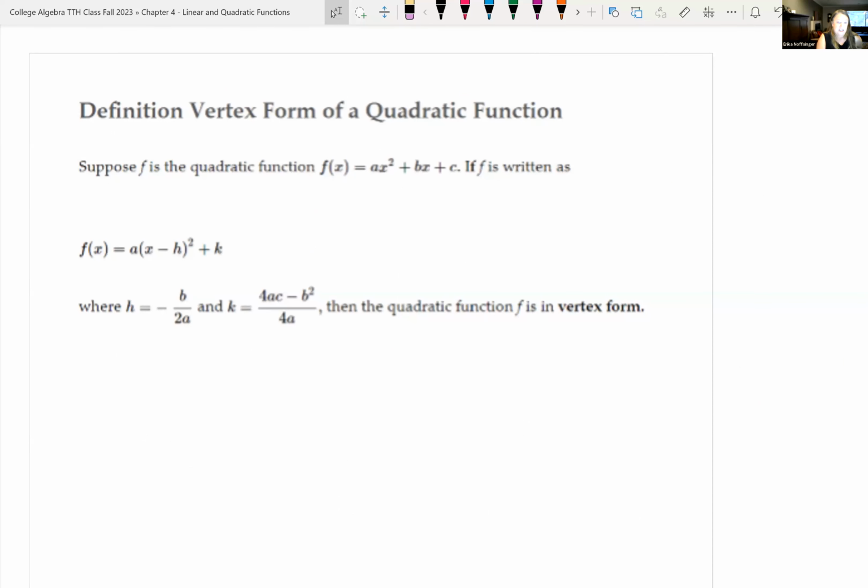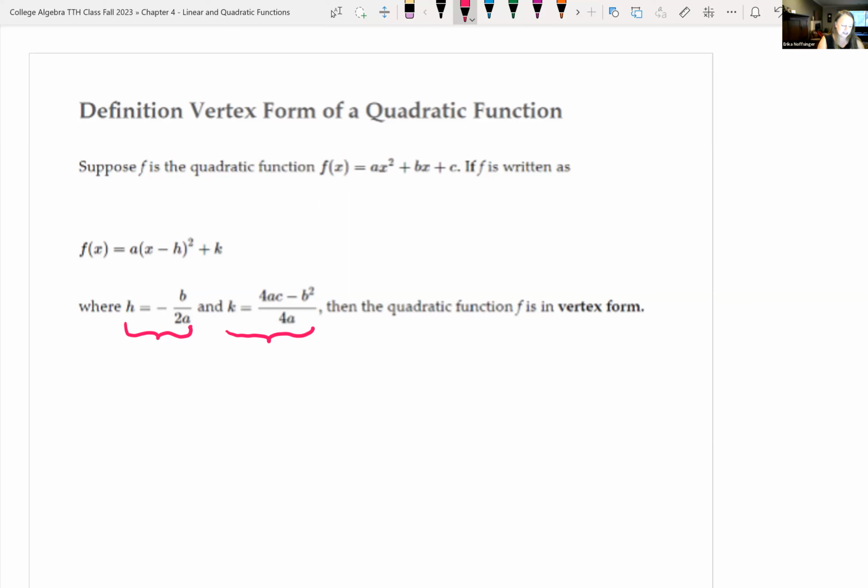So the question is, how do we get it in this form? f of x equals a all times x minus h quantity squared plus k. So they told us in this formula that h is equal to negative b all over 2a, and k in this case is equal to 4ac minus b squared all over 4a.